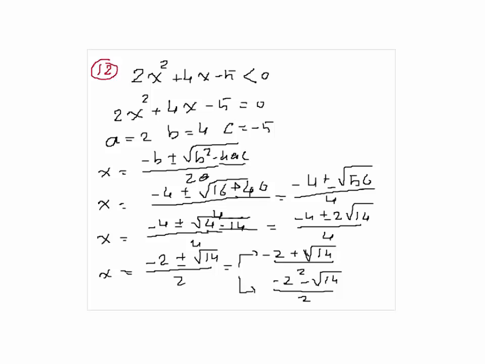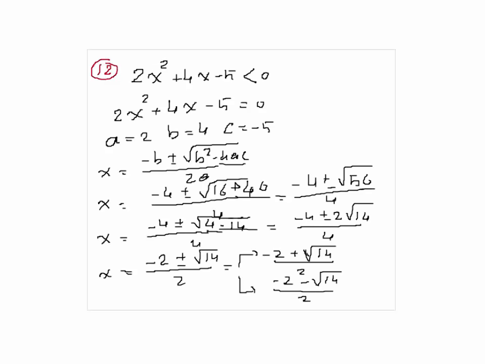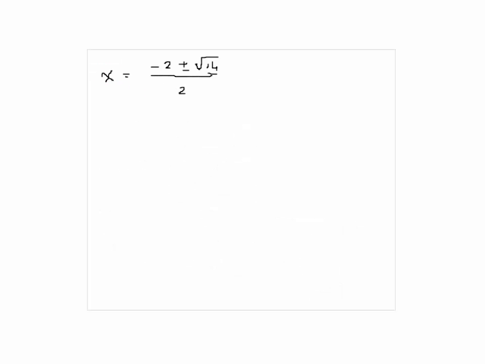How does it help me find the solution for a problem that needs interval notation? I'm going to use the next page, and I write down the solution again. So x is negative 2 plus or minus the square root of 14, over 2. Just checking that I'm right. Yeah.